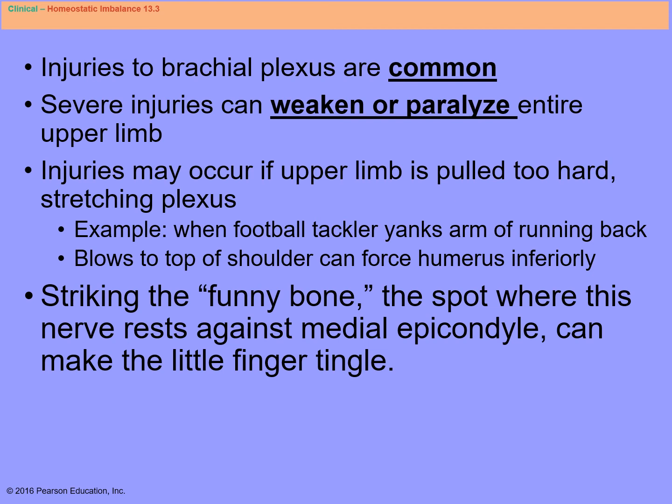If you hit your elbow, or as most people call it, striking the funny bone, that's the spot where the nerve rests against part of the bone. When you hit that, it typically makes your little finger tingle. It hurts. There's nothing funny about it. You have hit that nerve, and you are going to know that you have hit that nerve.